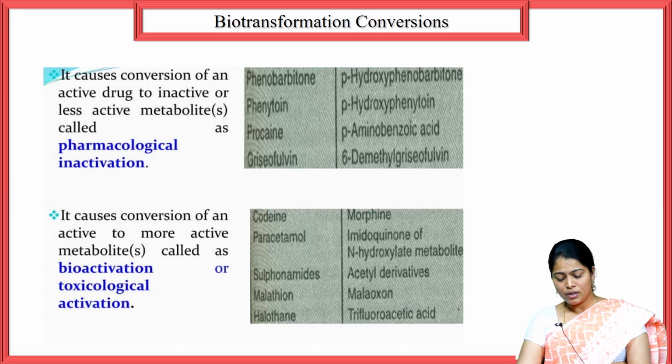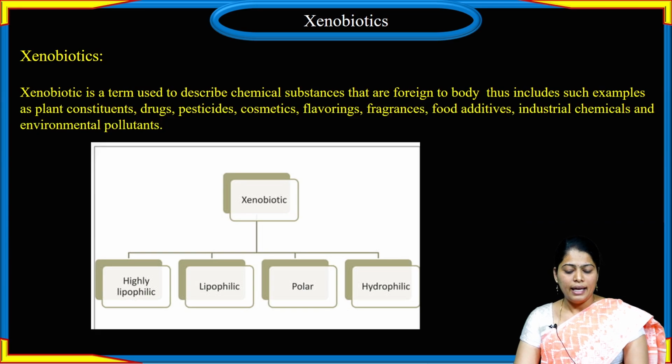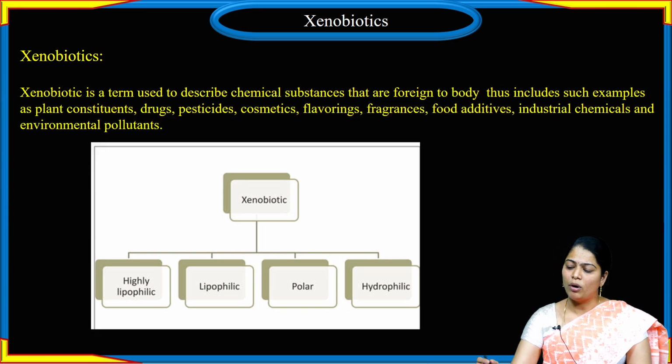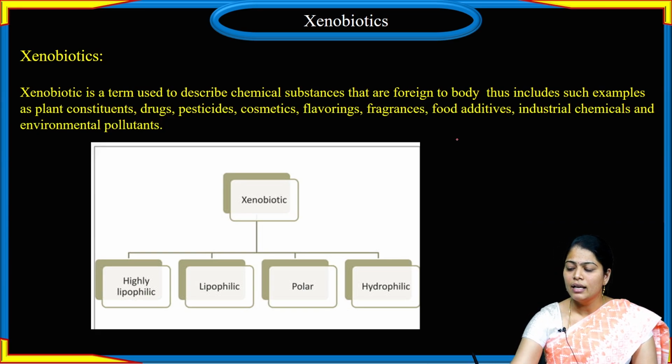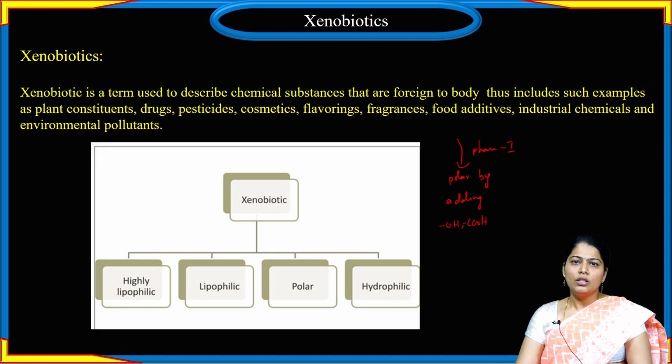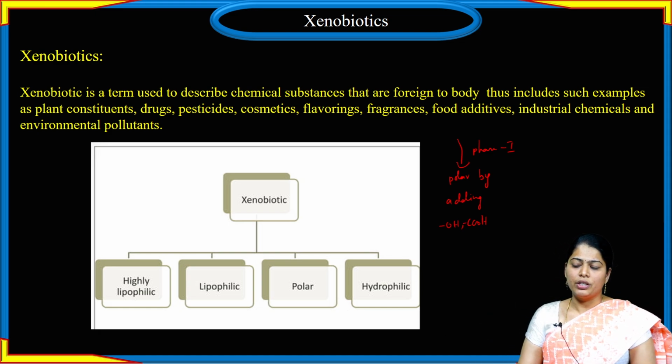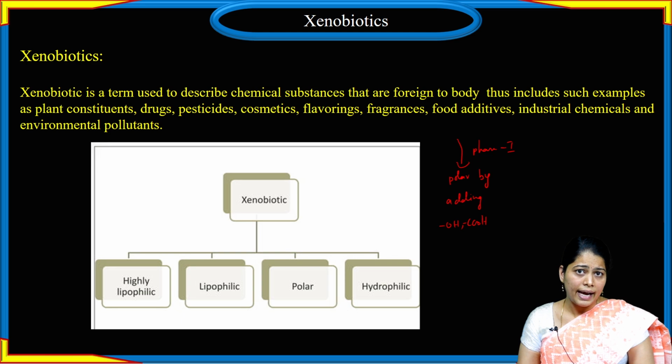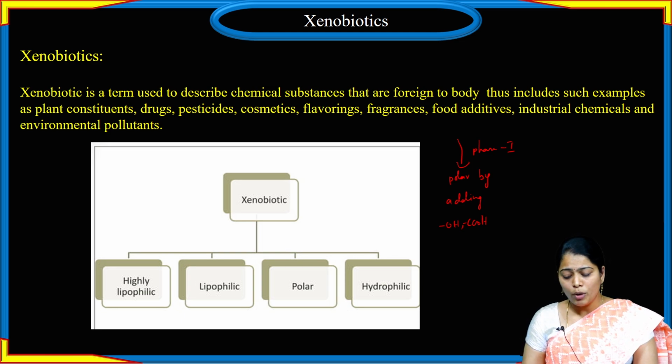But if the drug substance or any xenobiotic is highly lipophilic or lipophilic, then in phase 1 biotransformation it is converted into polar by adding a hydrophilic moiety like OH, COOH group, etc. So in phase 1 biotransformation, the highly lipophilic molecules are converted into polar molecules.